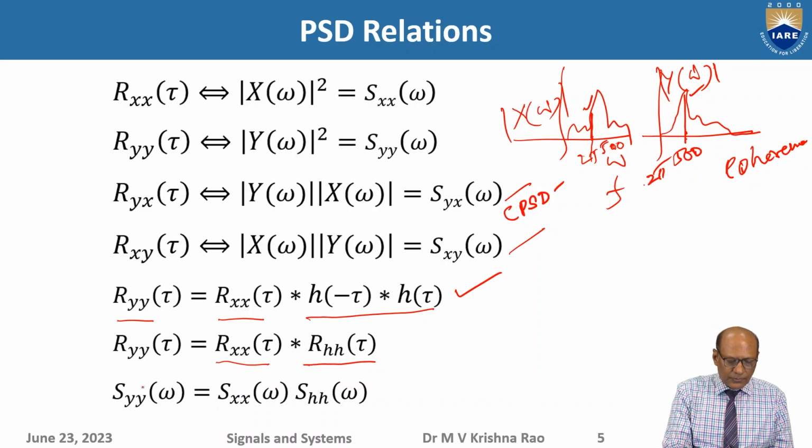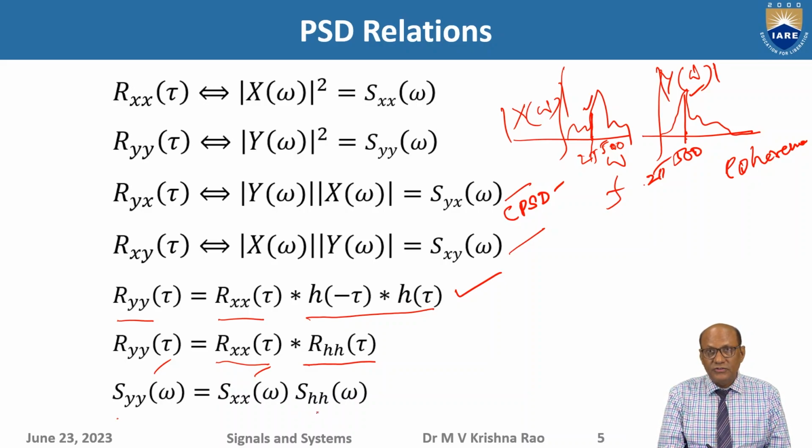When you convert into the spectral domain, I get output power spectral density equal to input power spectral density multiplied by, since convolution becomes multiplication, the square of the magnitude of the frequency response of the LTI system. Okay, that is how these are related.